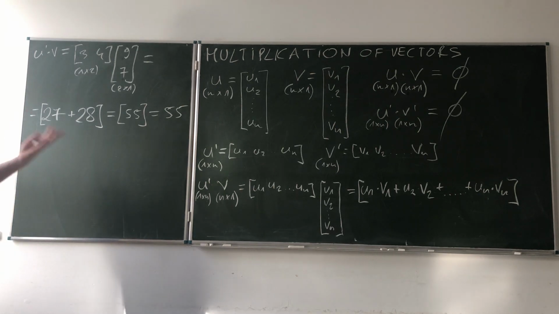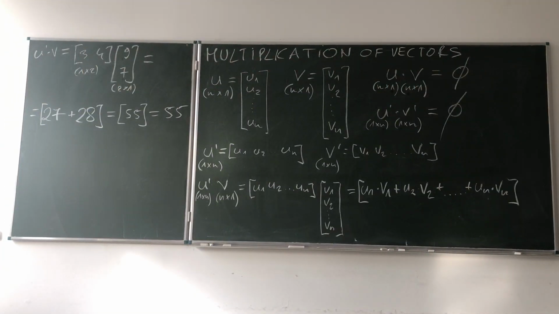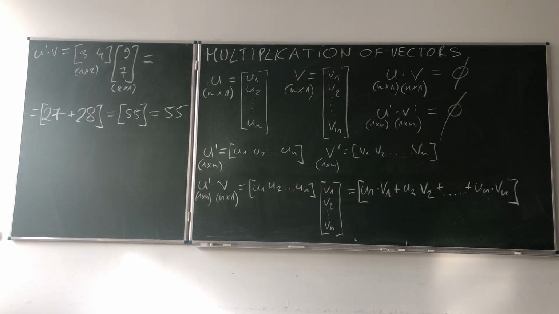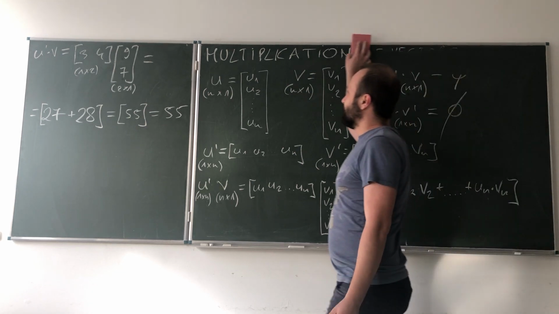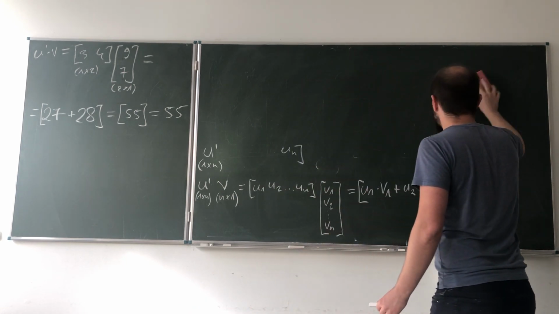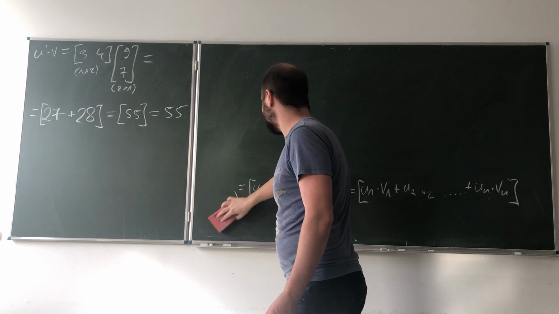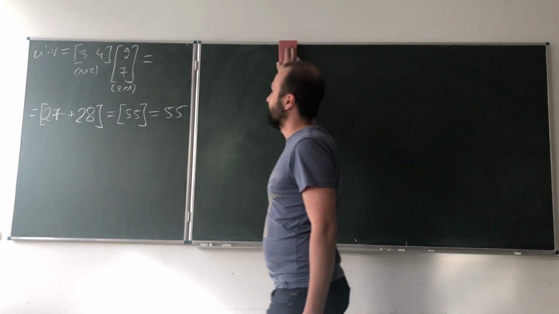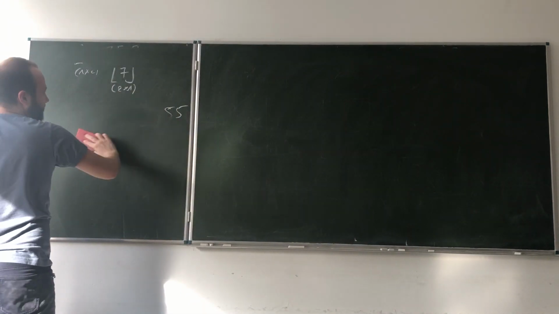Okay, so now we know how to multiply vectors. But maybe we should take advantage of the fact that we can actually draw vectors to see how all the operations of the vectors work. Okay, but because we need to draw just in two-dimensional space, we will have only vectors with size 1 by 2 or 2 by 1, right?